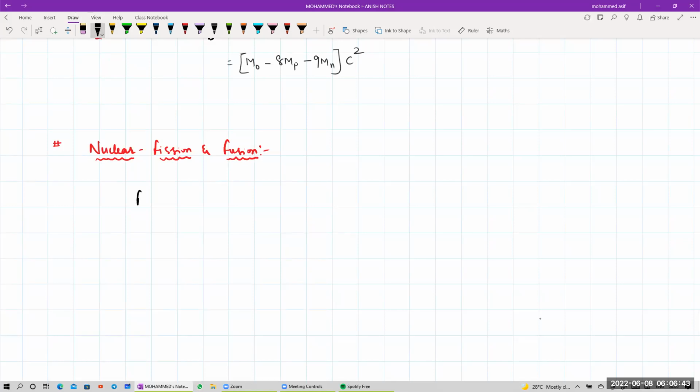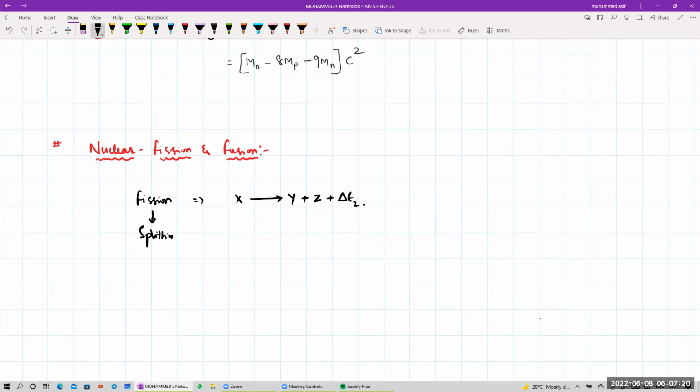In fission, some element X is getting bifurcated, giving you some Y plus a certain amount of Z plus a certain amount of energy. Fission means splitting of the unstable nucleus into stable nuclei, with a certain amount of elements emitted and with a certain amount of energy.